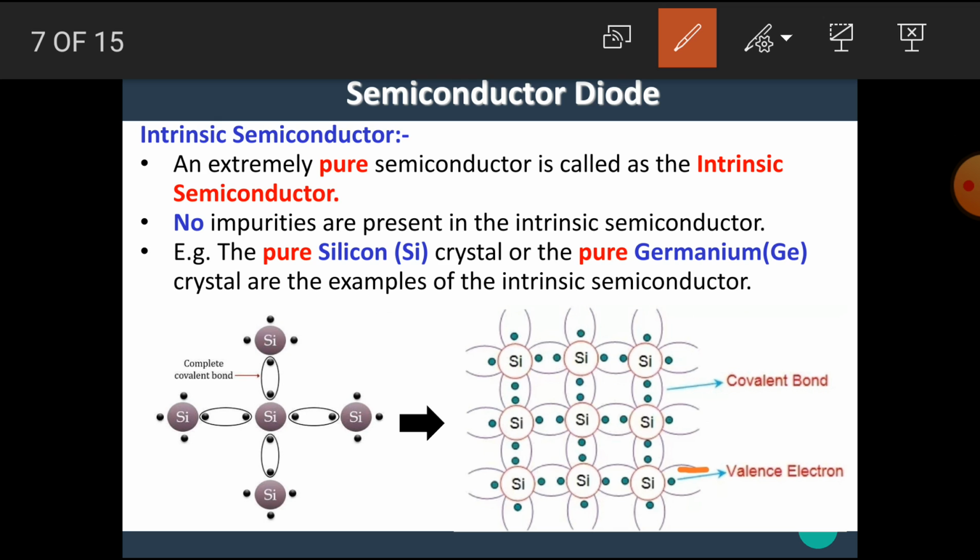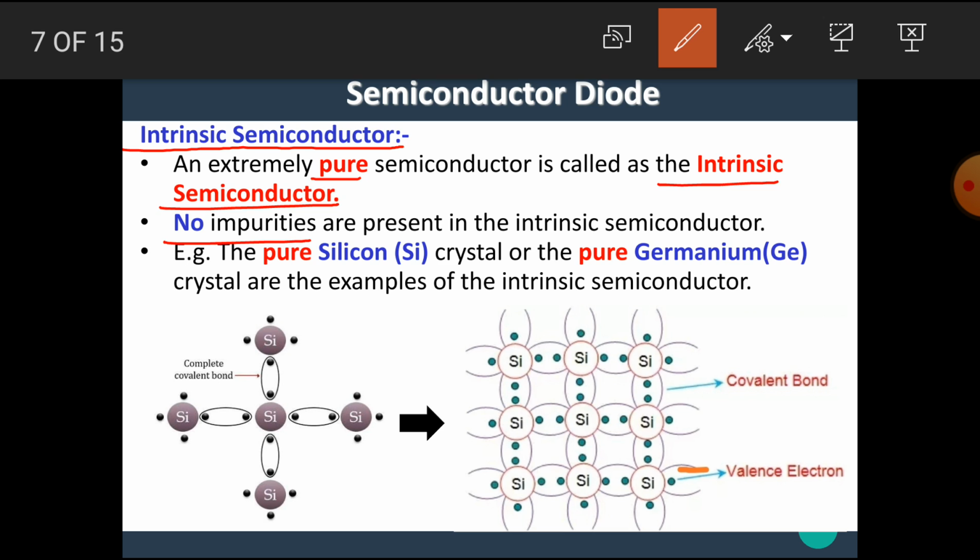Our first type is intrinsic semiconductor material. An extremely pure semiconductor material is called an intrinsic semiconductor. In other words, the semiconductor which is in its purest form is called the intrinsic semiconductor material.